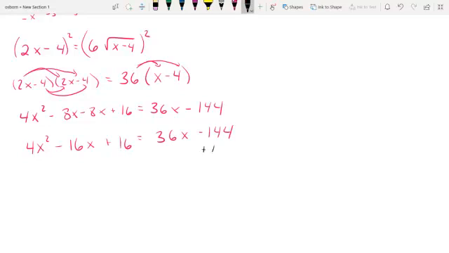So I'm going to add 144 to both sides because I want to set this quadratic equal to 0 so I can factor it out. And I'm going to subtract 36x from both sides. When I do this, this leaves me with 4x squared minus 52x plus 160 is equal to 0.